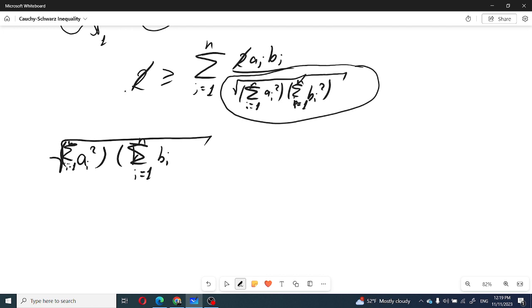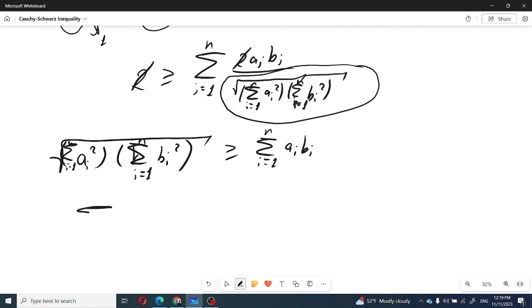This number is clearly more than the sum of ai times bi, i equals from 1 to n. And now we need to square both sides to get the initial Cauchy inequality.